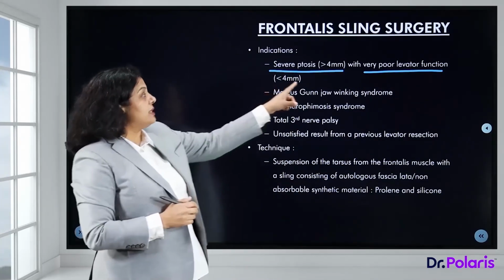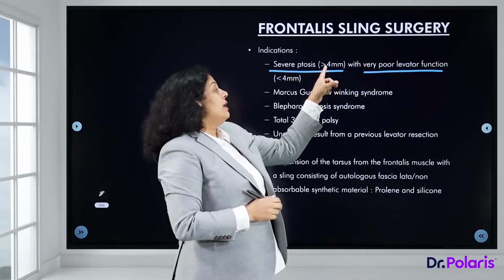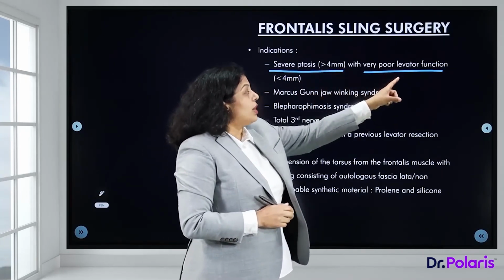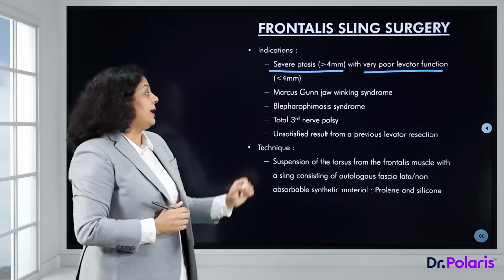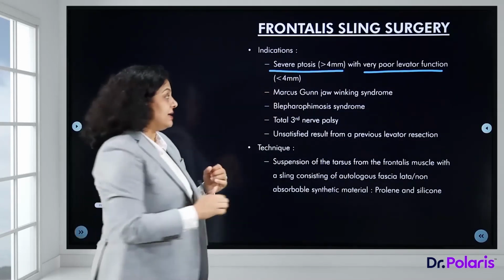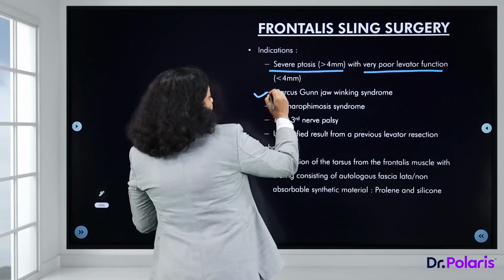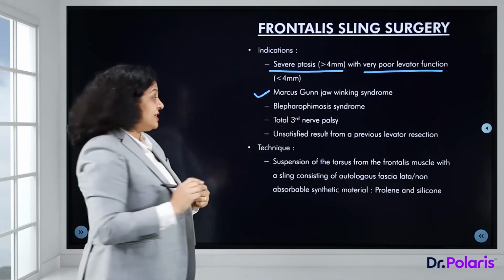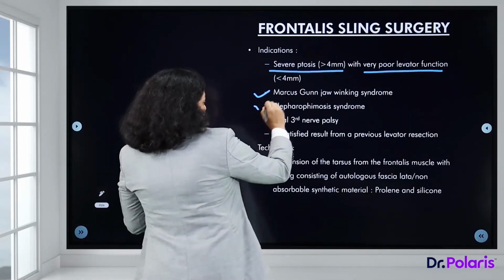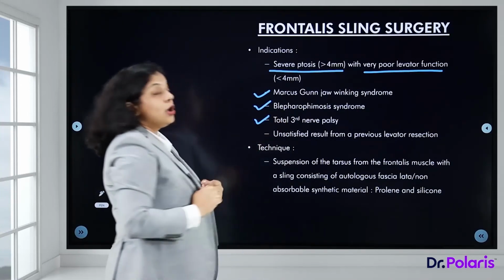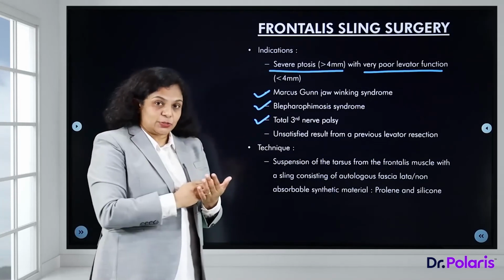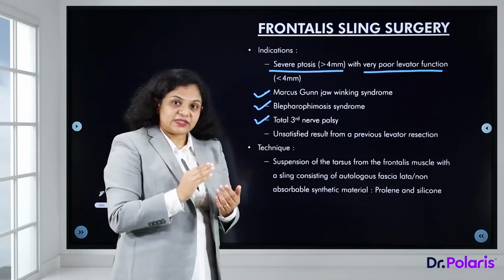So remember the number: ptosis of 4 millimeters, poor levator function of less than 4 millimeters. Or if the patient has a Marcus-Gunn jaw winking syndrome, or if it is a part of your BLEPHAROPHIMOSIS syndrome, if there is a total third nerve palsy, or if this is a repeat procedure due to unsatisfactory results from a previous surgery.